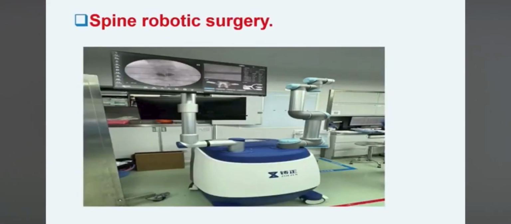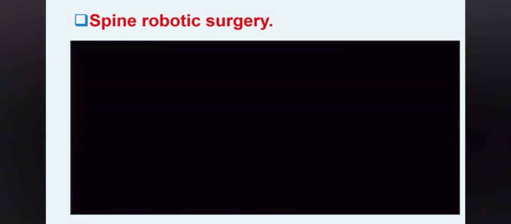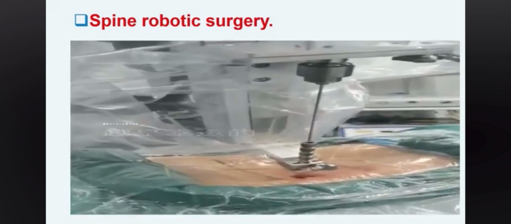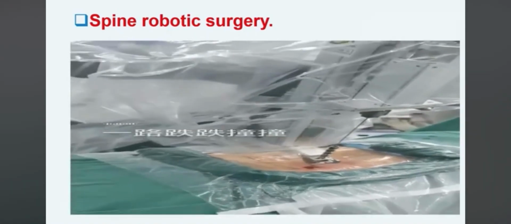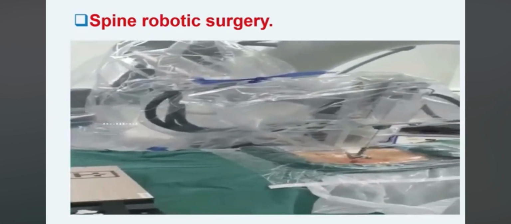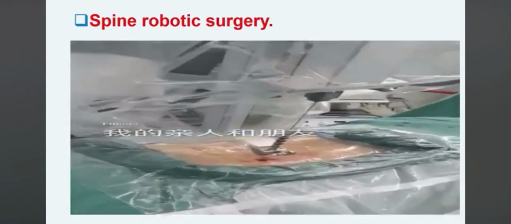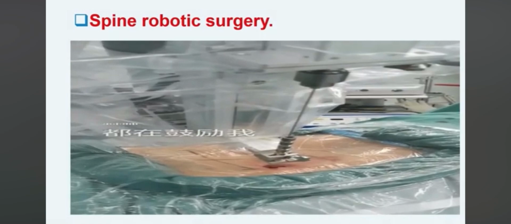This is our hospital's robotic setup. In our hospital, we used to do fixation freehand, whether thoracic or lumbar. Now we do it with a robotic machine.